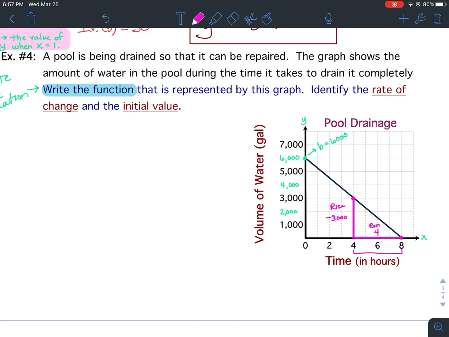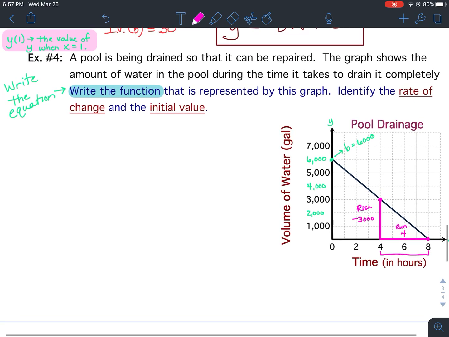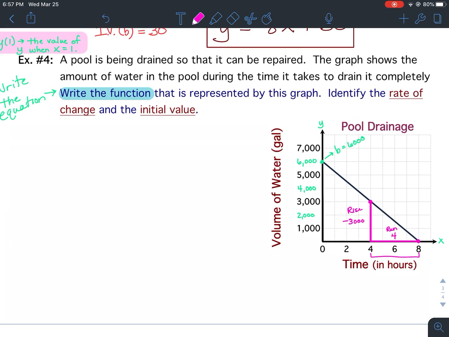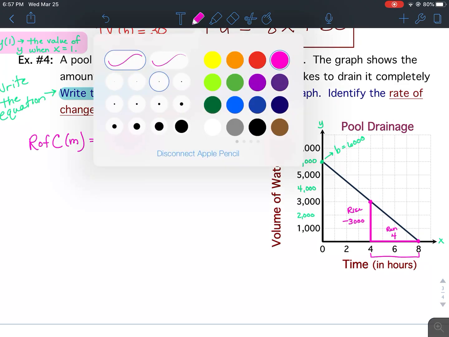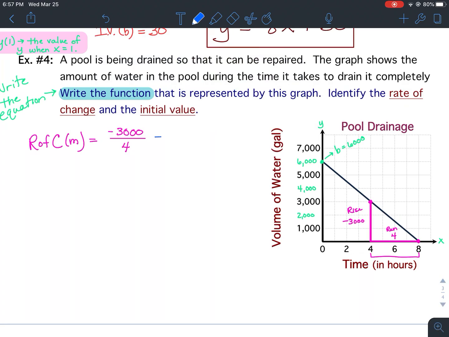Okay, so let's go ahead and write this information down. Let's start with our rate of change, which is the slope. Our rise is -3,000 and our run is 4. If you divide those out, you get -750. Now, for this problem, what does that mean?